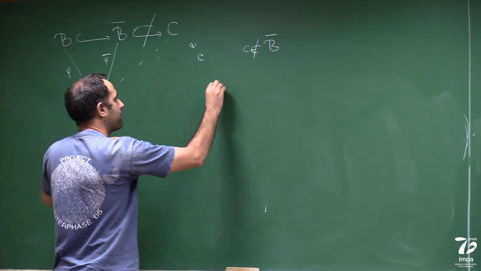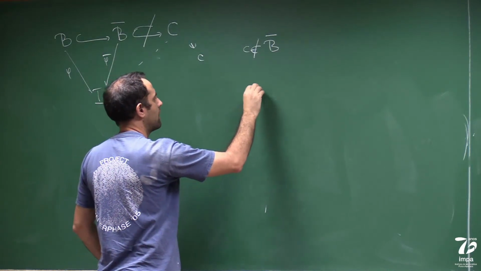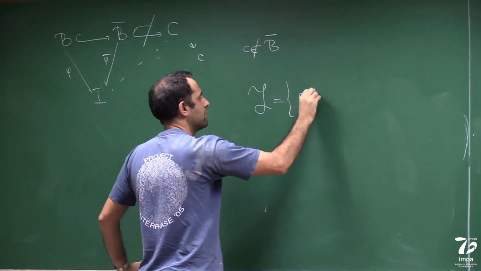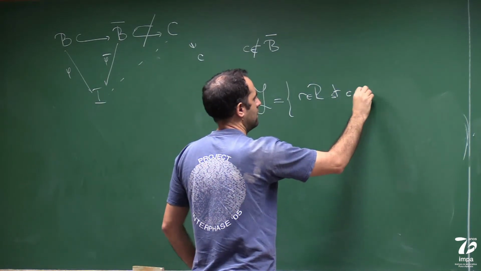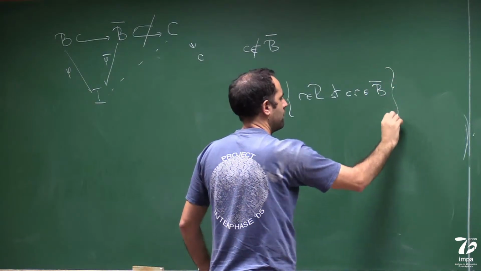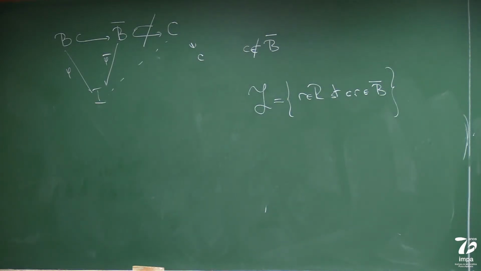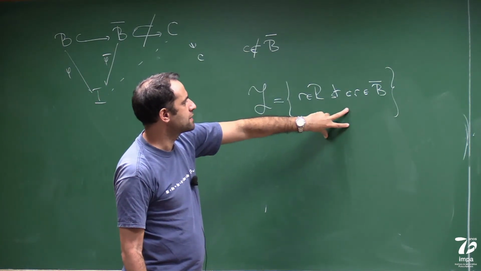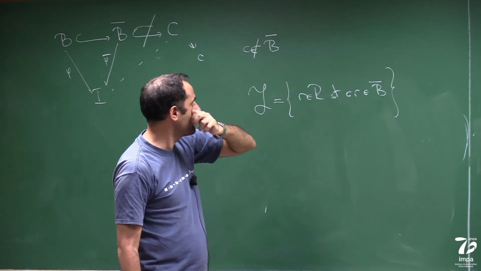So let's define I, I guess I've used I, to be the set of elements r in the ring such that rc is inside of B bar. If I have two such elements, then their sum multiplied by c is also in B bar, because it's closed under sums.